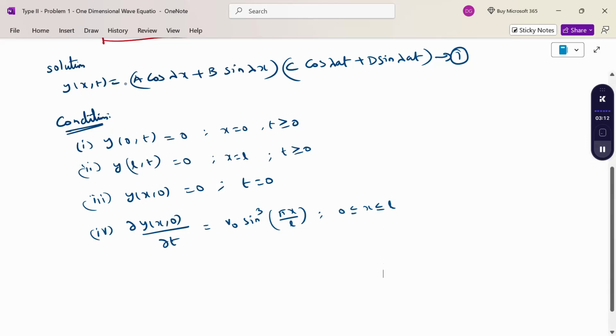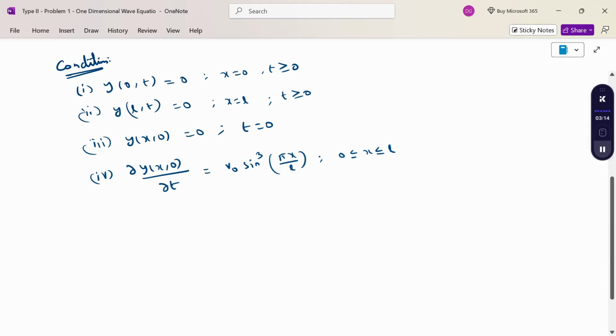Then, using the conditions to find the constants A, B, C, D. First, using condition 1 in equation 1, put x = 0.